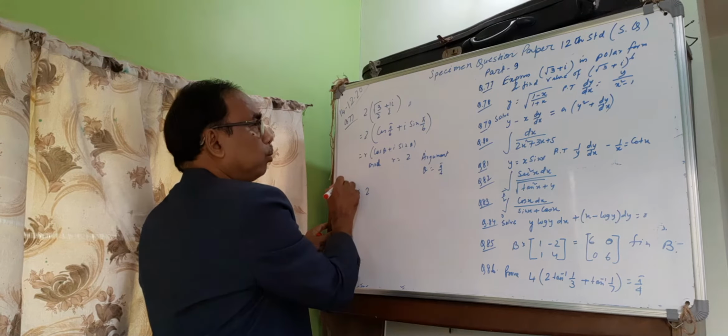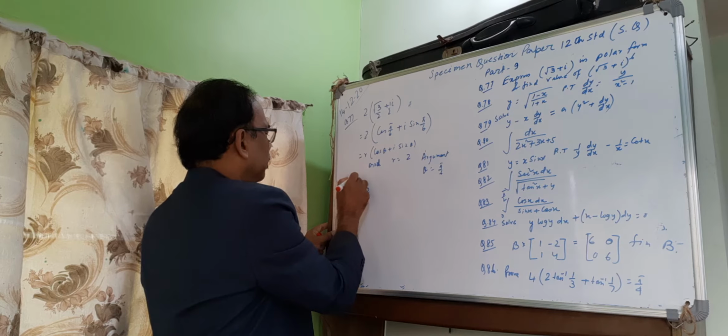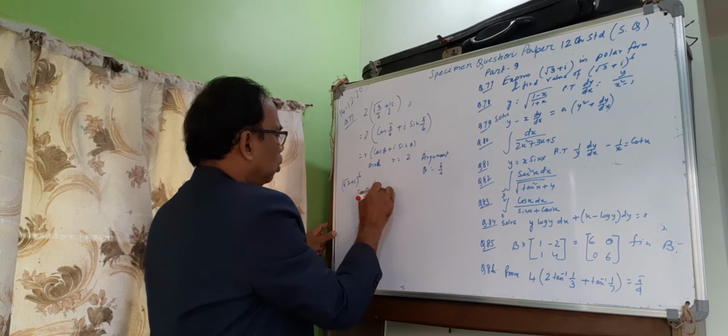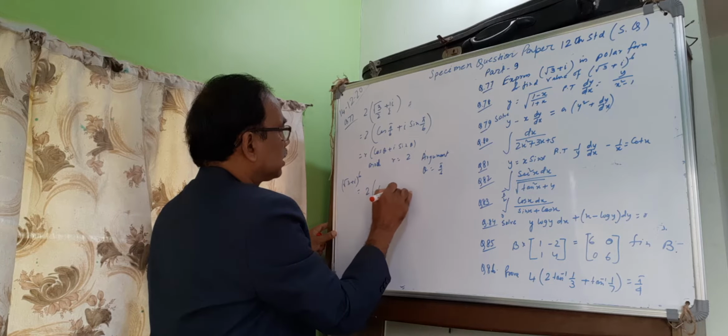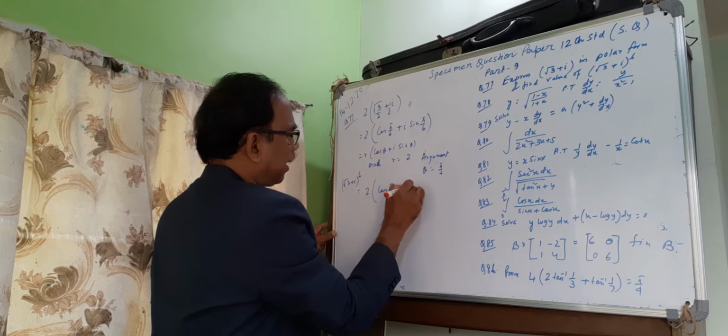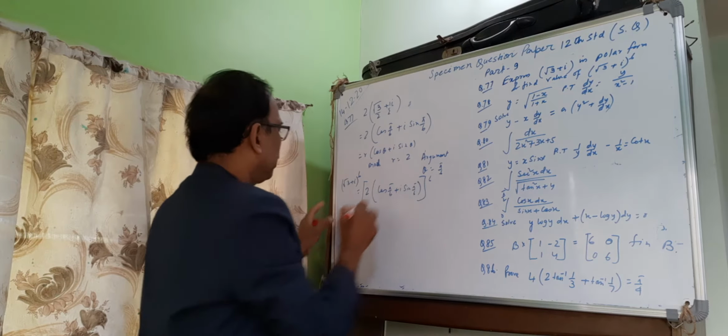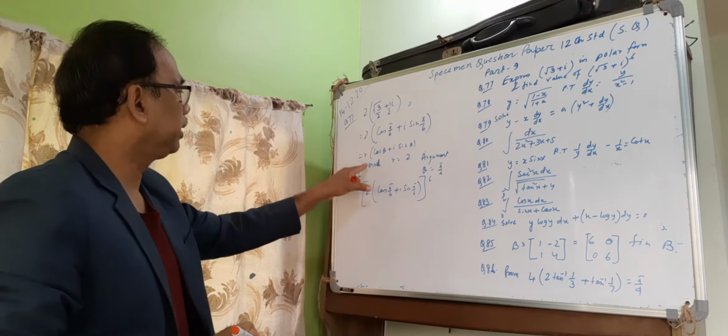Now we can write (root 3 plus i) whole to the power 6 equals (2 (cos pi by 6 plus i sin pi by 6)) whole to the power 6, because the value of root 3 plus i is this.